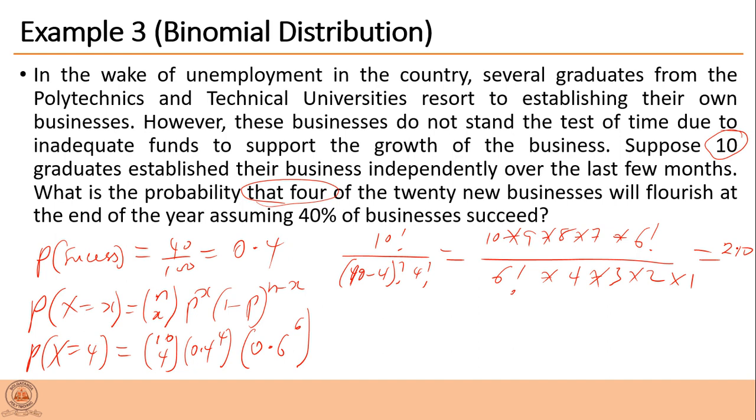So n choose 4 is equal to 210. So we put that back into our formula and we have 210, then 0.4 raised to the power 4 is equal to 0.0256 multiplied by 0.6 raised to the power 6, 0.04666, and point your calculator, the total to be this.